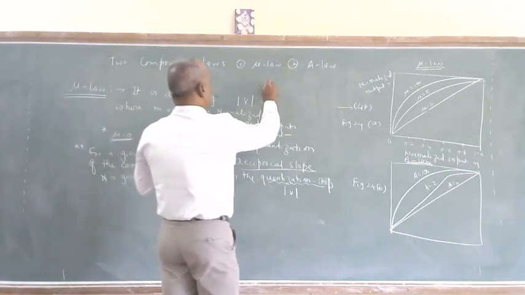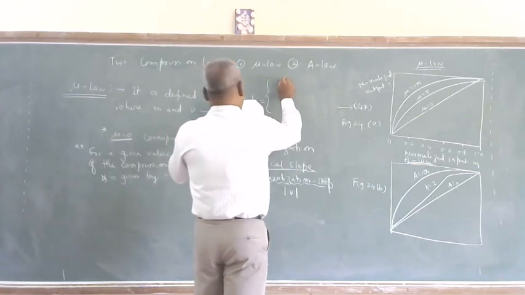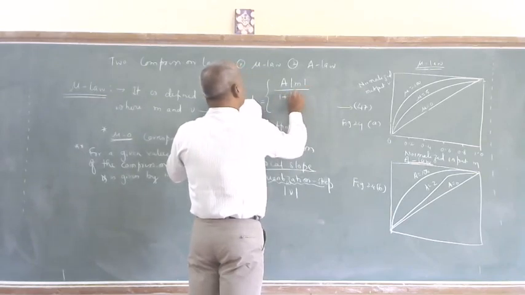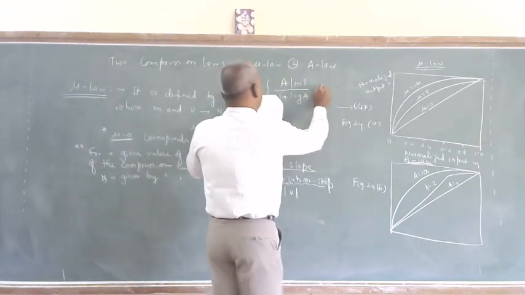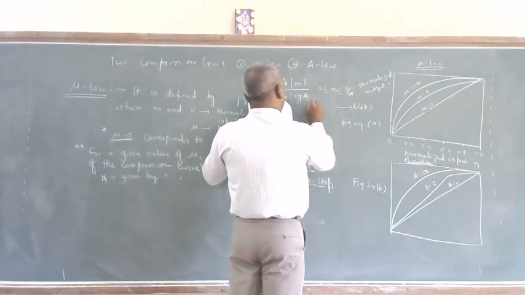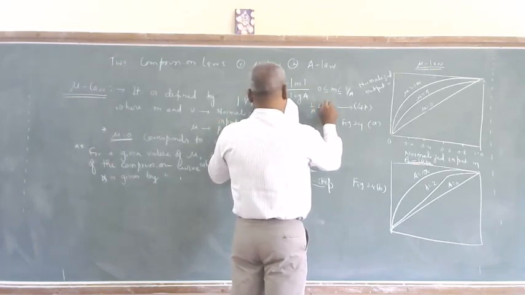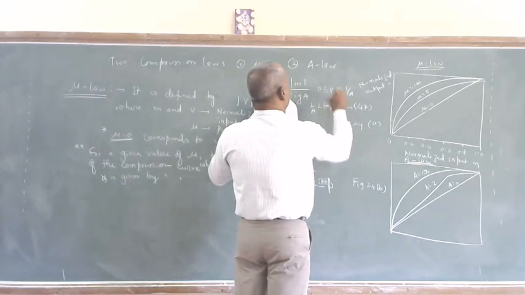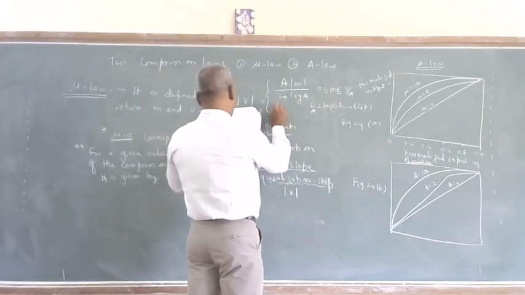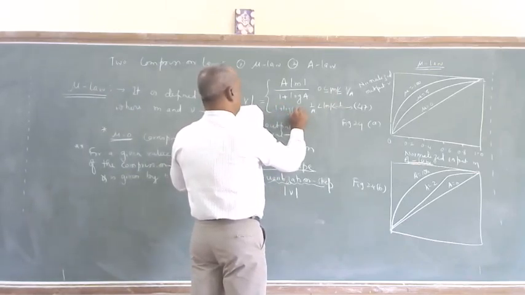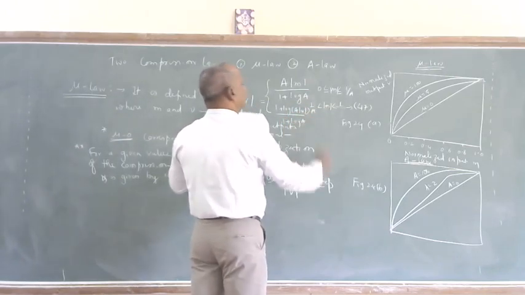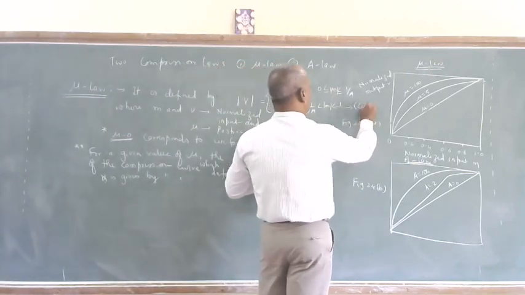So it is V equals A modulus of m divided by 1 plus log A, for 0 less than modulus of m less than 1 by A, and 1 plus log of A modulus of m divided by 1 plus log A, for 1 by A less than modulus of m less than 1. This is the 49th equation.